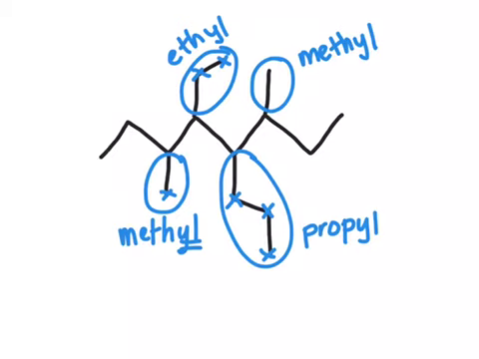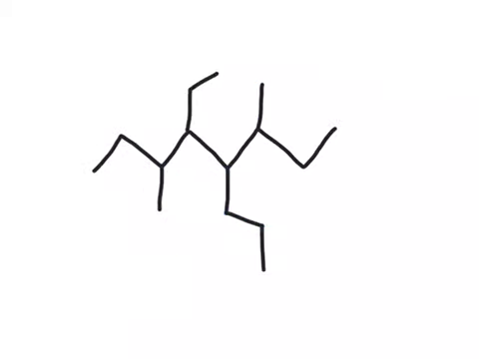So next thing we're going to do is come up with location numbers. Looking at a blank copy of this again, we can number our chain going from either left to right or right to left. So if we start on the left, 1, 2, 3, 4, 5, 6, 7, 8.